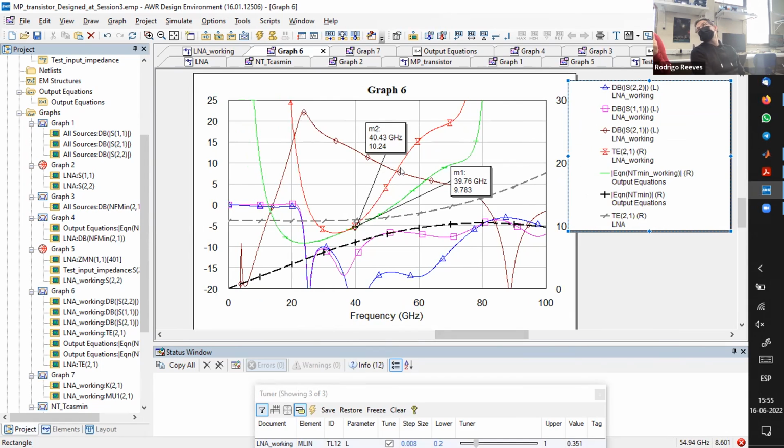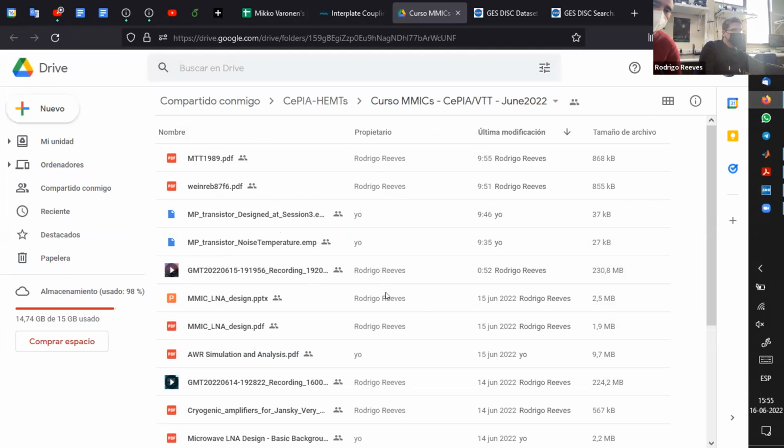One quick thing is that you can find at the web page the new transistor model with the temperature problem solved, and the last transistor design at the third section. In this one we will do the fourth session and we will upload it also.